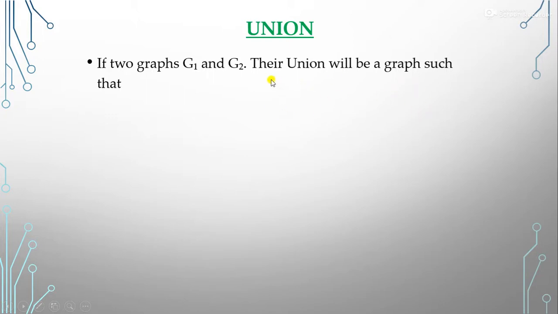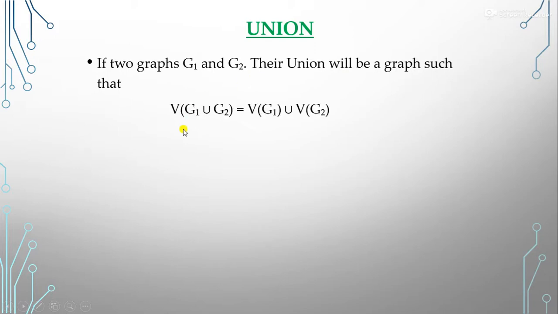when we talk about a graph, what two things do we need? Vertices and edges. So always when we talk about a graph, we need the vertices and the edges. First of all, vertices: what will be the vertices in the union of these two graphs?